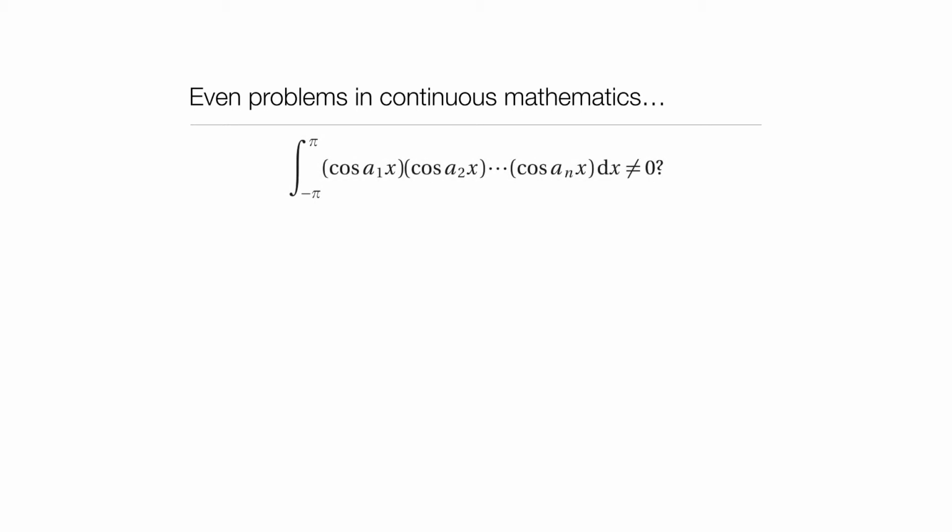I wish I had time to prove to you that telling whether this integral is non-zero is NP-complete. It's just the integral from minus pi to pi of the product of a bunch of cosines. And these constants in front of x, the a1, a2, and so on, those are the inputs to the problem, so those are going to be integers.